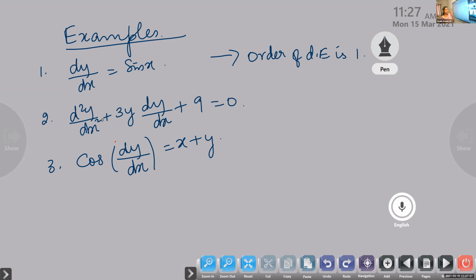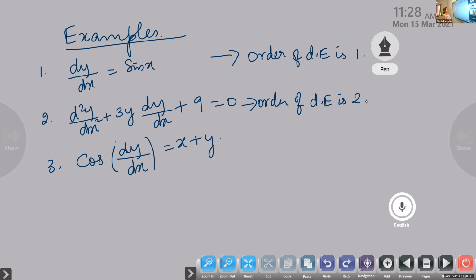That means we are differentiating two times. So the order is 2. The order of the differential equation is 2. Is it okay? Yes, ma'am.